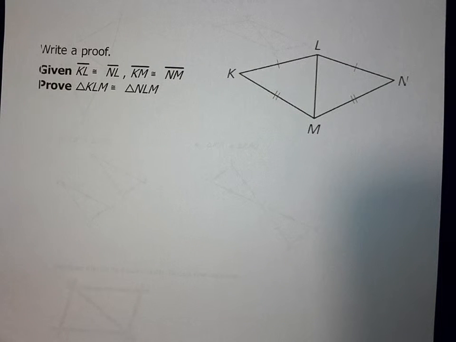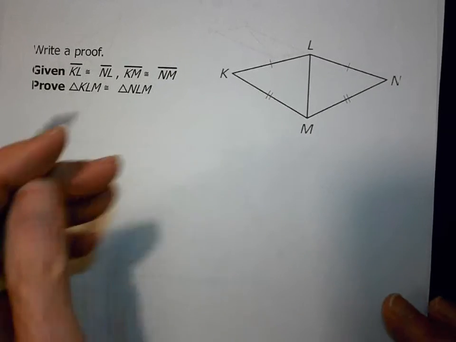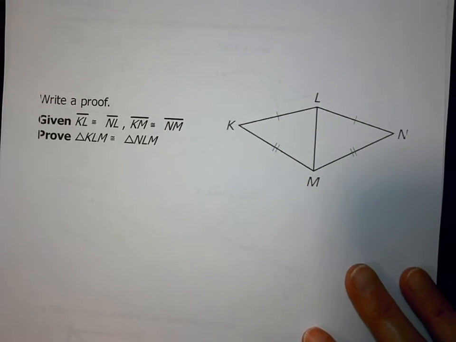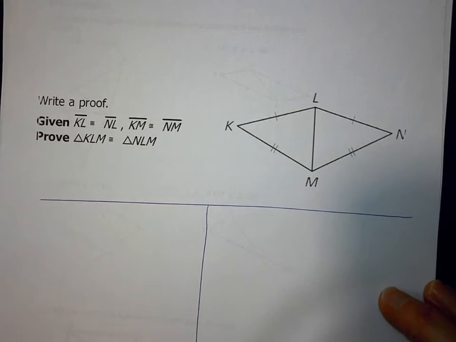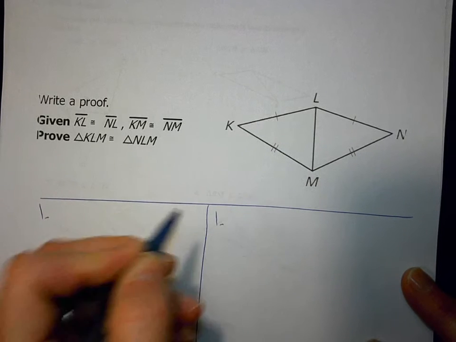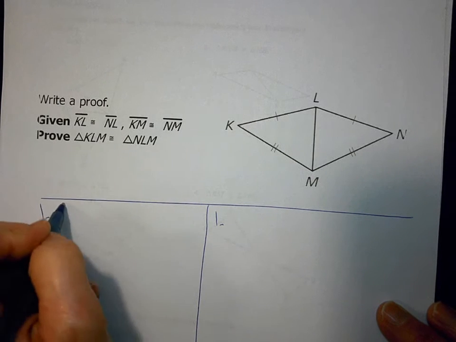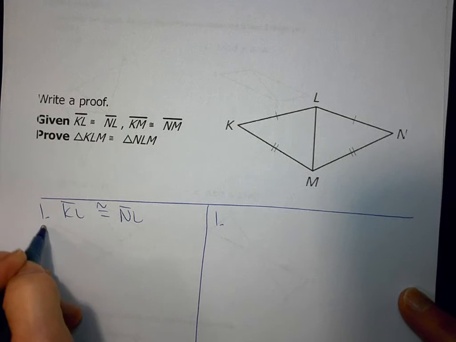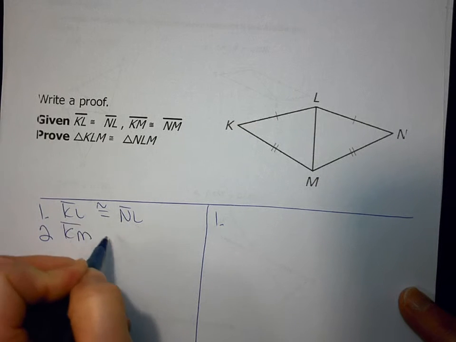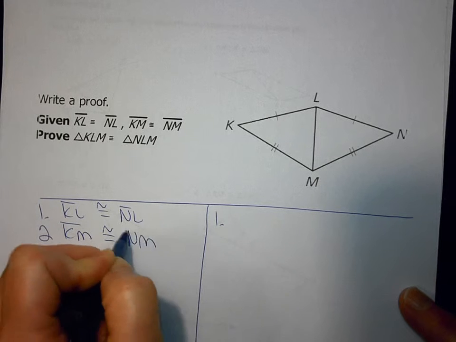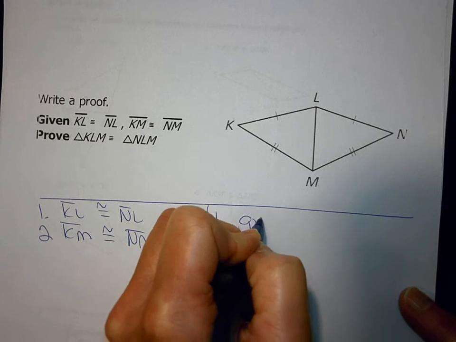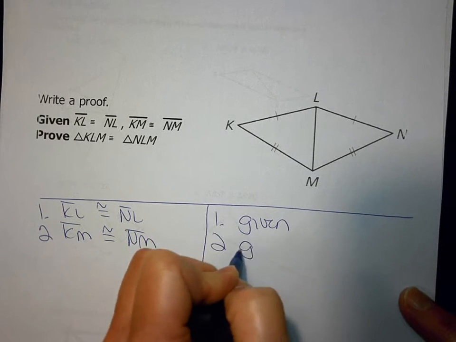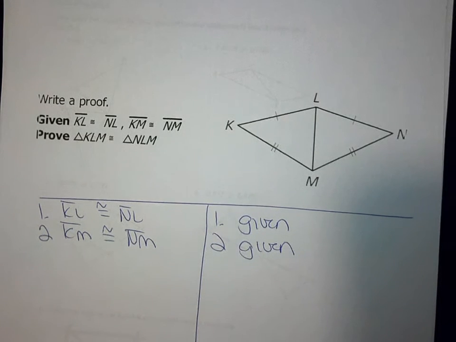Okay, we're going to write our first proof. Now you've done the 2-column proof before, so we make our 2-column proof, and number 1 is going to be our given. So KL is congruent to NL, and we also know that KM is congruent to NM. Now if you want to put those both in the same number 1, so you only have to write given once, it's perfectly fine with me. I'm just going to spread it out so you see what I have.